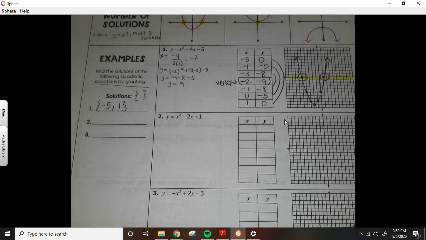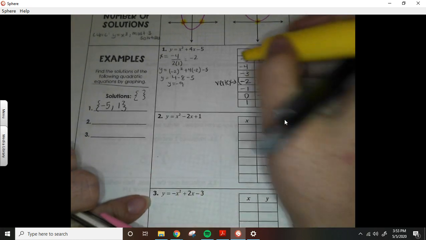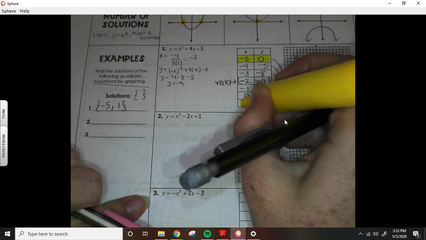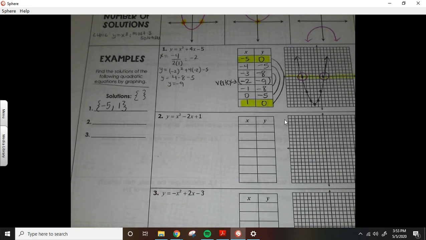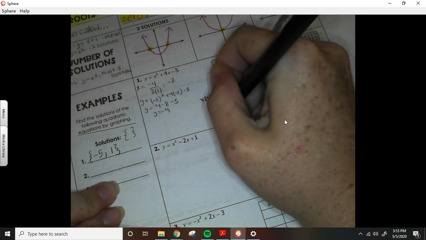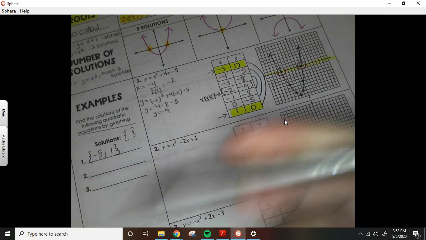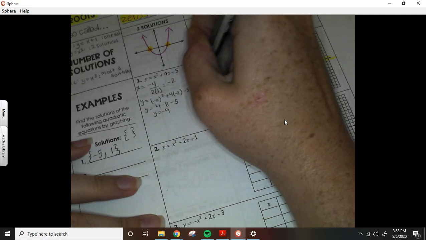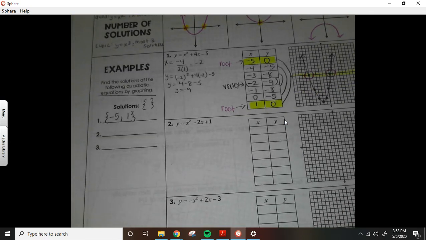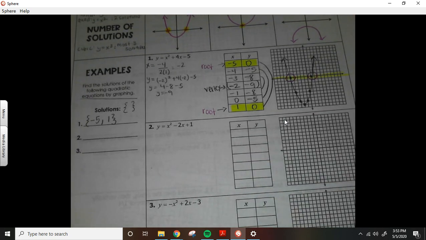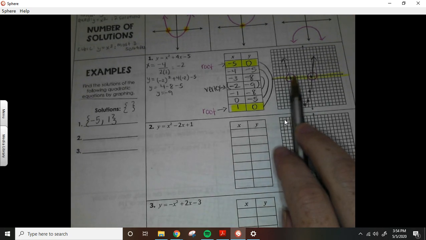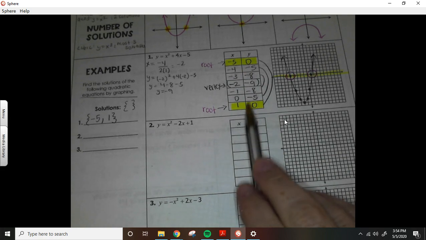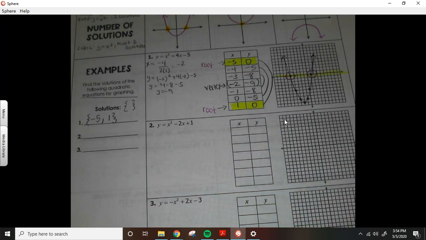So the answers to this, and look, the x-intercept is when y is 0. So hopefully we're connecting a few dots here. So this is my root and my root. Every question I'm going to call it something new so you can get the hint that all those words mean the same thing. Again, x-intercepts, where y equals 0, where the parabola crosses the x-axis.